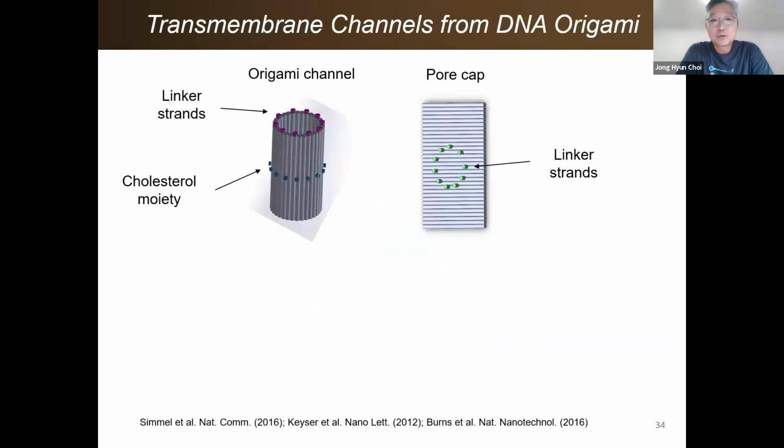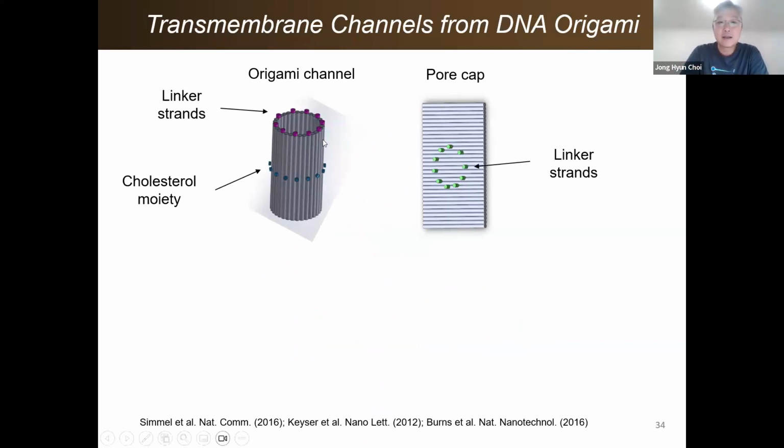To be able to have communication between giant vesicles, we need a DNA origami as a transmembrane pore. We are not the only group who constructed and demonstrated these DNA origami channels; Friedrich Simmel and Ulrich Kaiser and others have too.